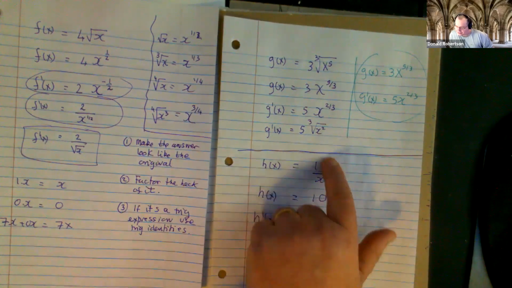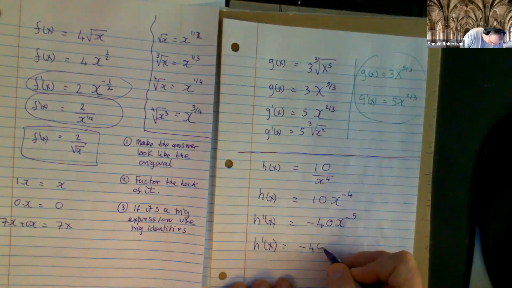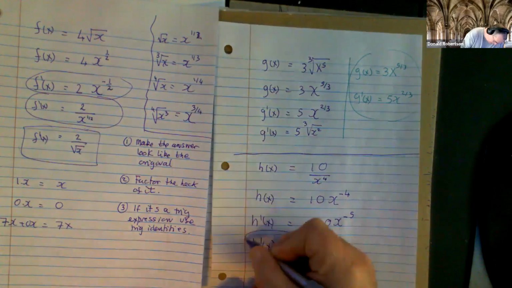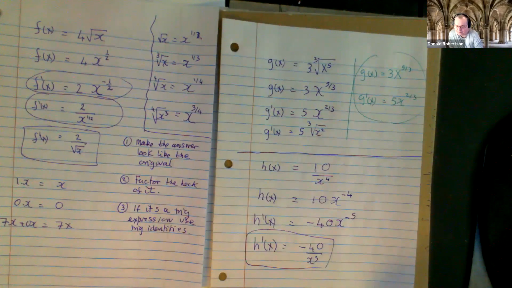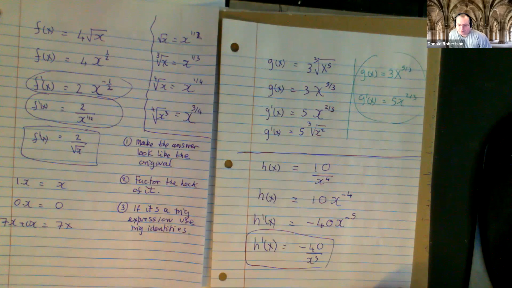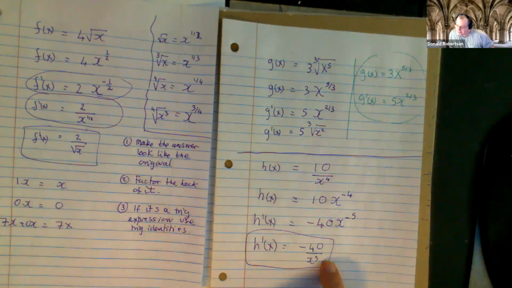Would you agree it's pretty easy to fix? And it's -40 over x to the 5, and now we are happy. So I can use the power rule to do square roots and cube roots. I can use the power rule to do simple fractions. Pretty cool.